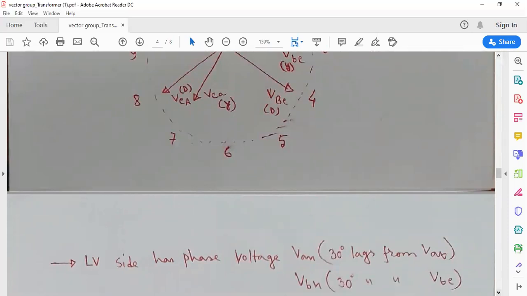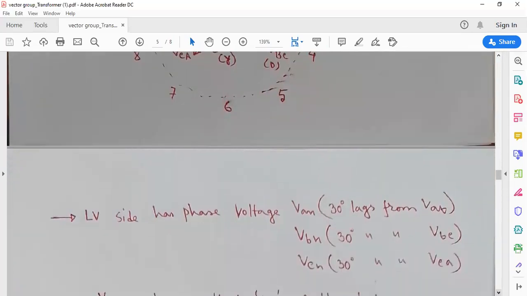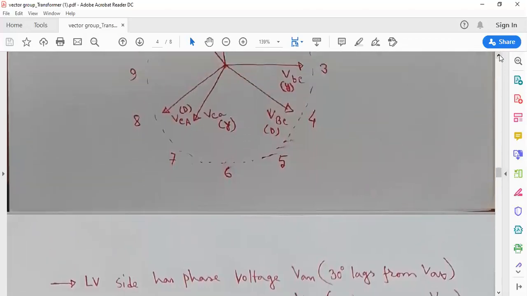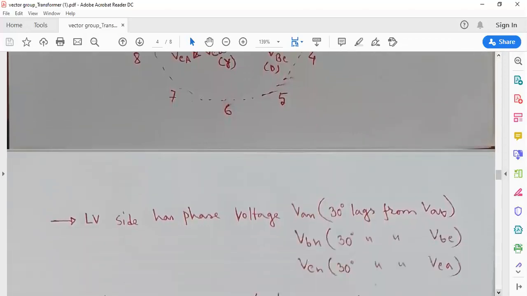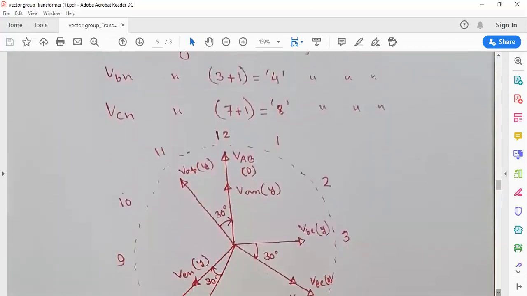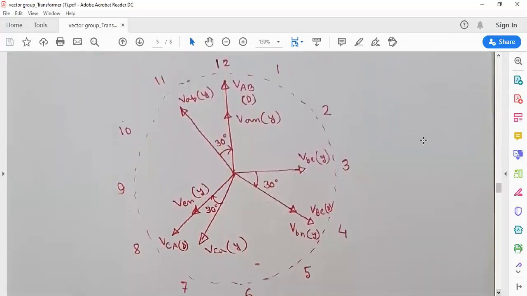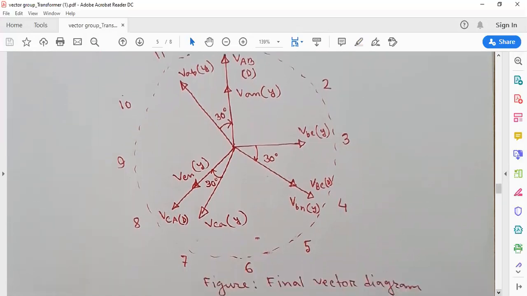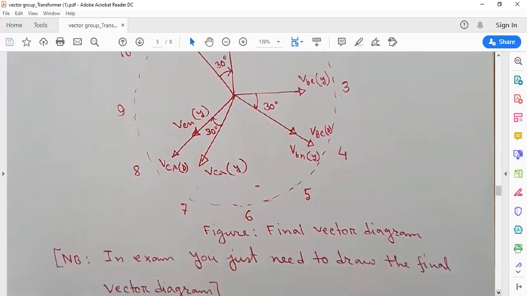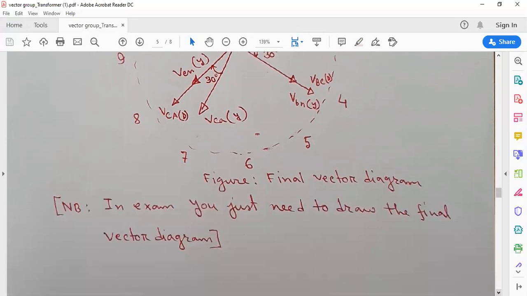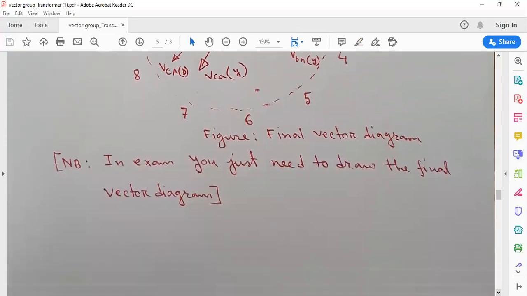When you are answering in your script, you do not need to go through all the steps. You do not need to draw the step by step diagram. You just need to draw this final diagram. You will get 50% marks if you draw this. The next 50% will be achieved by drawing the connection diagram.